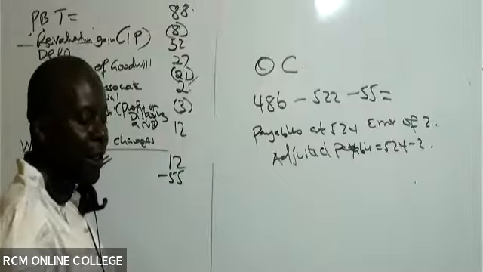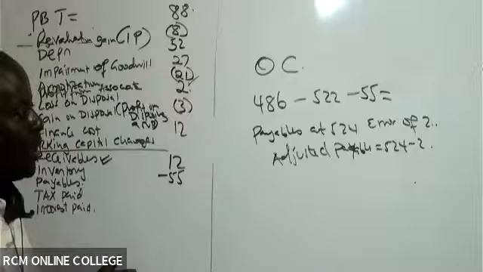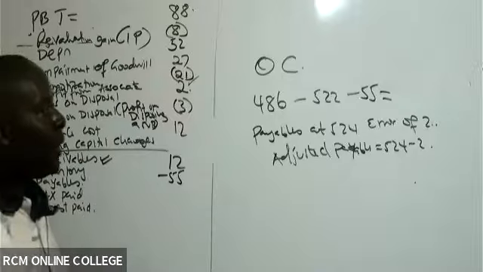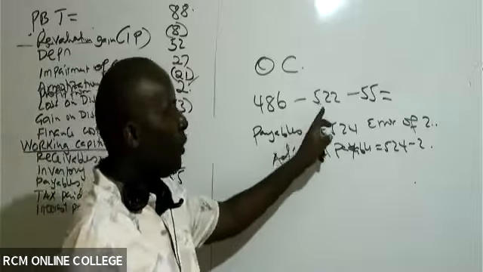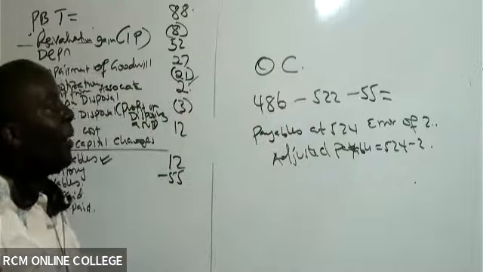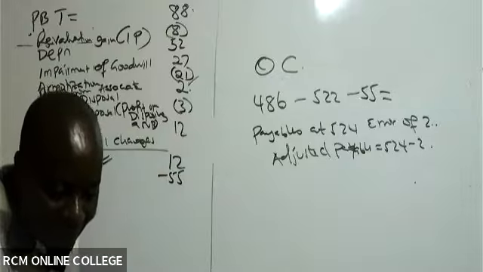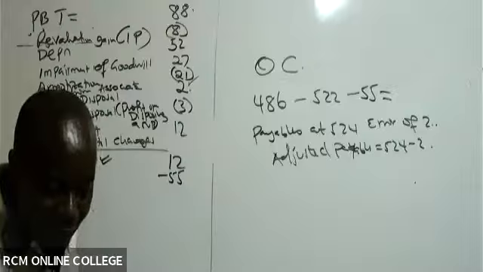So that 2 we shall be taking to PPE. So are we in agreement that the closing payables are supposed to be 522? Yeah. Great. Kwa hivyo inamaanisha namna gani? Payables inafaa kuwa ngapi? Payables inafaa kuwa 522.